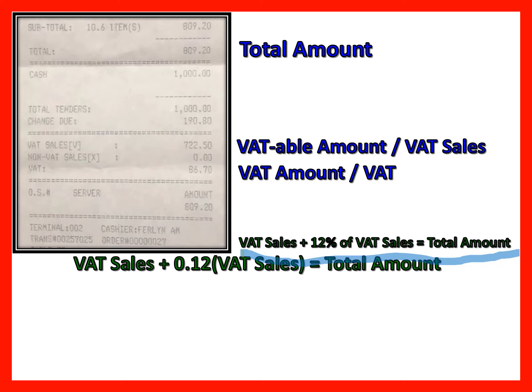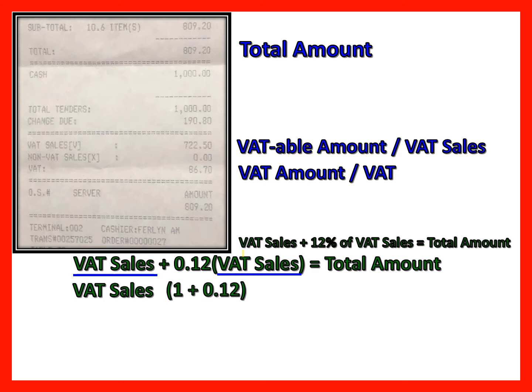So, what have you noticed about this equation? As you can see, there is a common factor of VAT sales. If we have a common factor, we can simplify it by factoring out the common factor of VAT sales. So we will multiply it by 1 plus 12 hundredths.